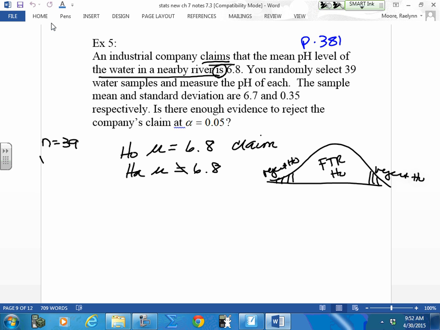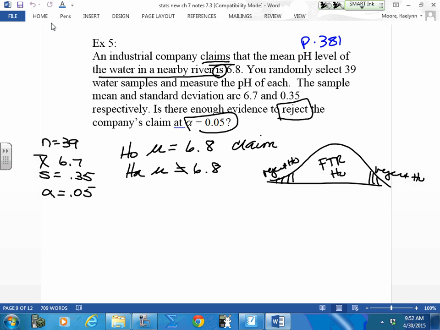The sample mean and sample standard deviation are 6.7 and 0.35 respectively. Is there enough evidence to reject the company's claim at a level of significance of 0.05? Reject means that's an H0, so yes, I'm an H0.